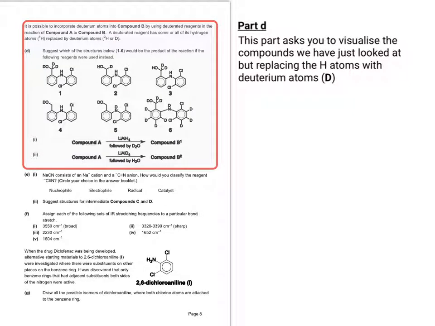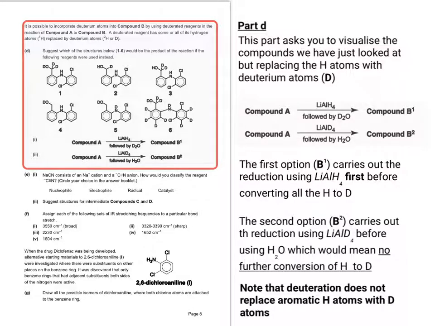This part of the question asks you to visualize the compounds we've just looked at. But in your mind you need to replace the H atoms with D atoms. So let's look at the 2 options that we've got. We've got to consider reaction I and reaction II, in other words, creating compound B1 or compound B2.